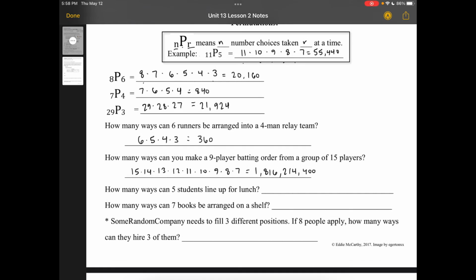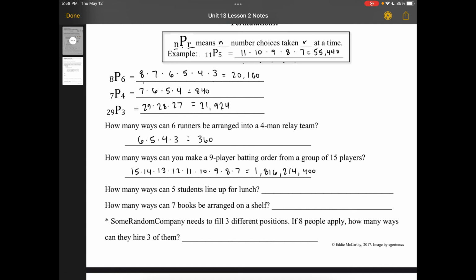Now these next two questions might be a little bit different because they ask how many ways something can be lined up or arranged in a row, but they don't say how many we're choosing. So this time we're going to assume that we're taking all of them. So how many ways can we line up 5 students? It's going to be 5 choose 5.